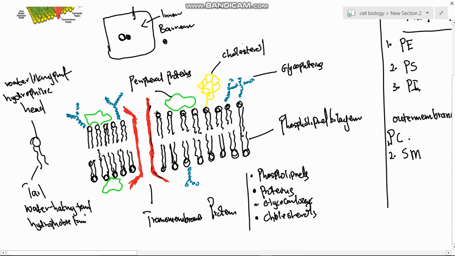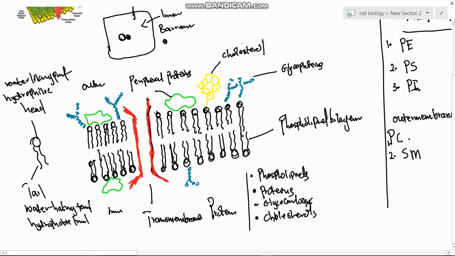If you look at the structure of the cell membrane, you realize that the hydrophobic parts of the phospholipids are facing towards the aqueous regions. Here, let's consider this side to be the outer side of the cell, and this is the inner side of the cell.